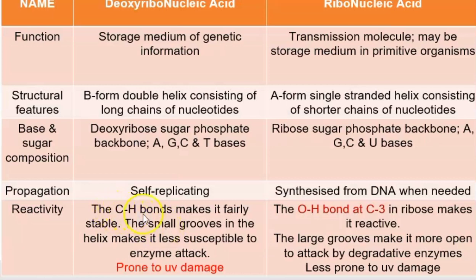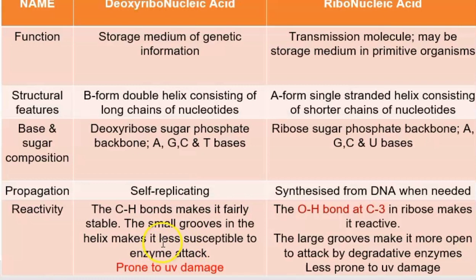We said the CH that is bound makes DNA fairly stable at carbon position 2 because the oxygen has been removed. Since it is bound to hydrogen and the oxygen is removed, it is fairly stable, meaning it is stable. And the small groove in the helix, that is the double structure, makes it less susceptible to enzyme attack, meaning it is not exposed to enzyme attack.